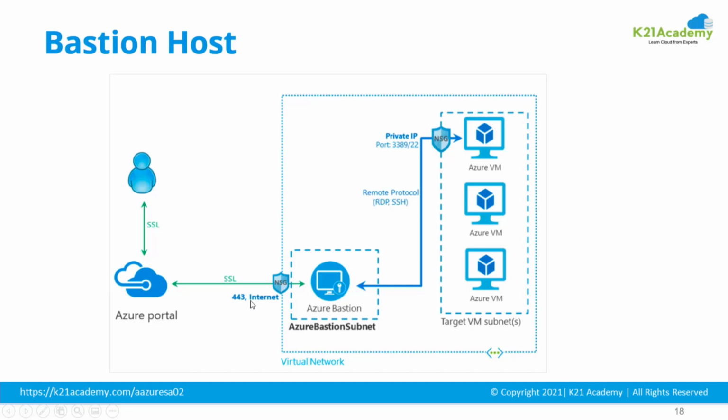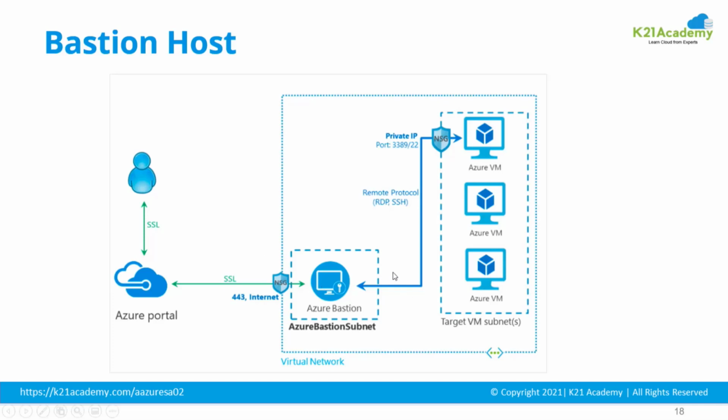You go through the browser. The user doesn't need any SSH client or RDP client. They go to the browser, type HTTPS and the Bastion host name, and then they are presented with a username and password, and they jump onto this Bastion host.